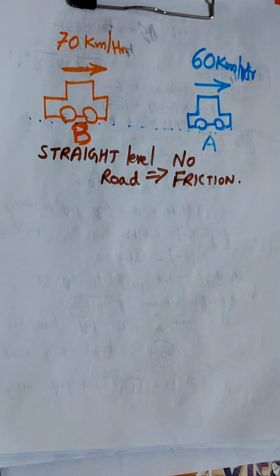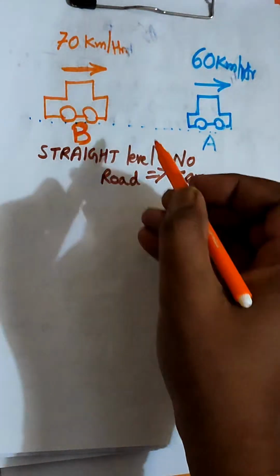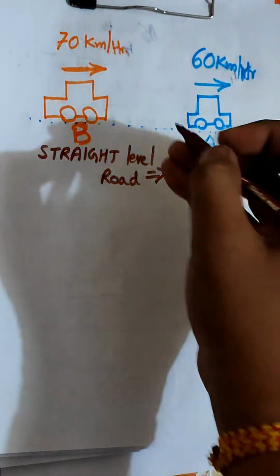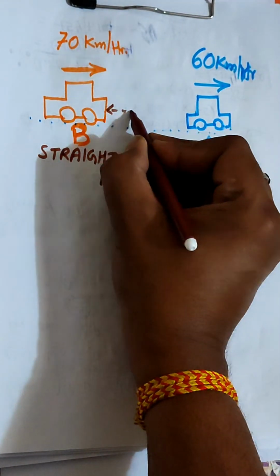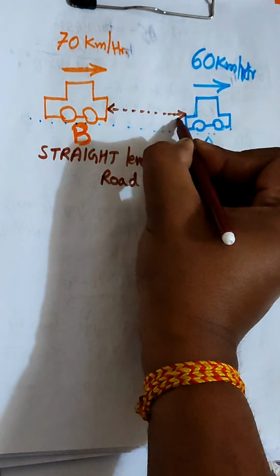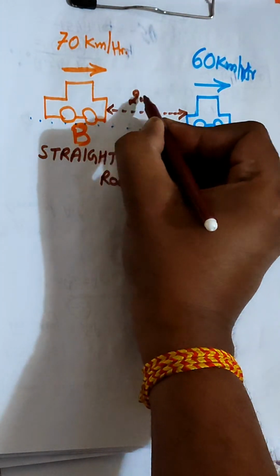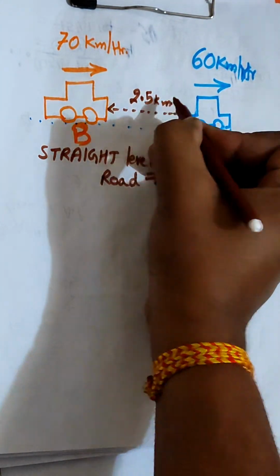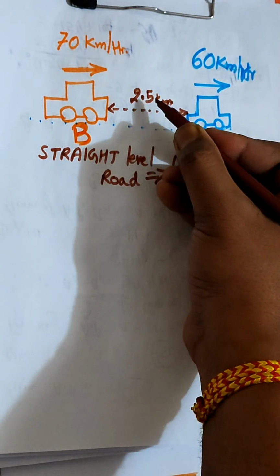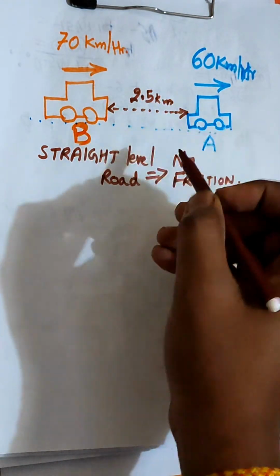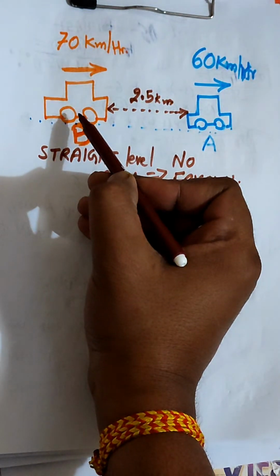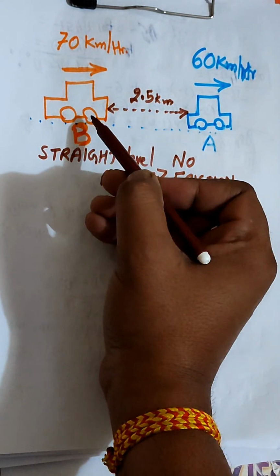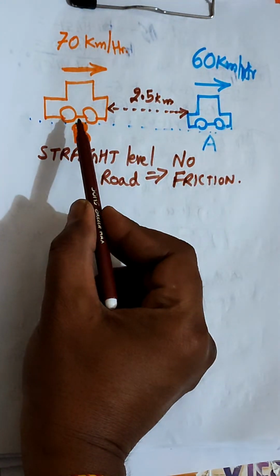Now, when the distance between them is 2.5 km, car B is given a deceleration of 20 km per hour square. That means if a distance of 2.5 km is left between them, this distance is 2.5 km, then at the same moment this car is being decelerated with 20 km per hour square.